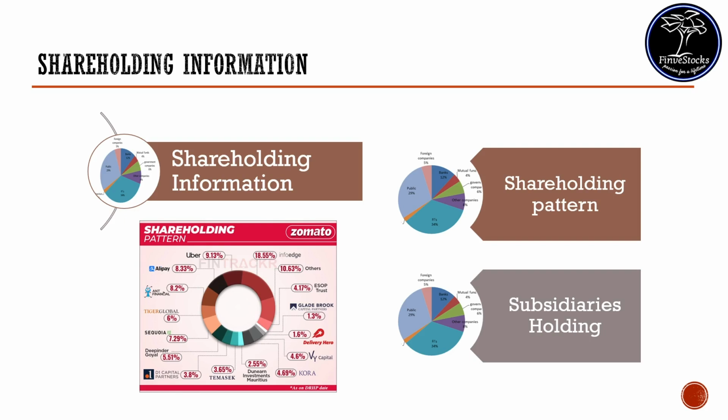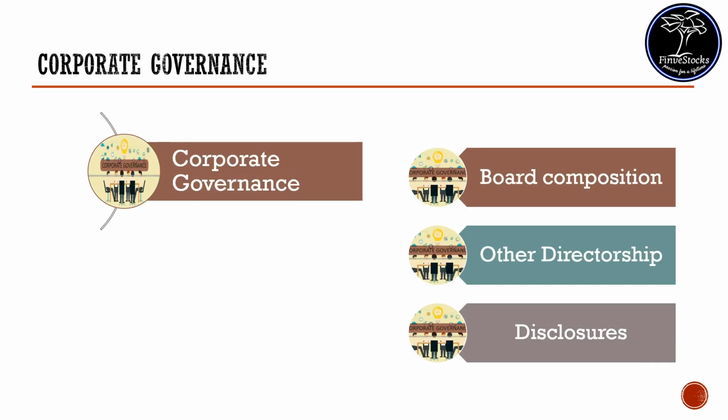Similarly, for a company, it will tell what percentage the promoters own, what the percentage of shareholding is with DIIs, with FIIs, with mutual funds, etc. So basically it will tell about the shareholding pattern of the company, and also it will talk about the subsidiary holding of the company. The next one is corporate governance.